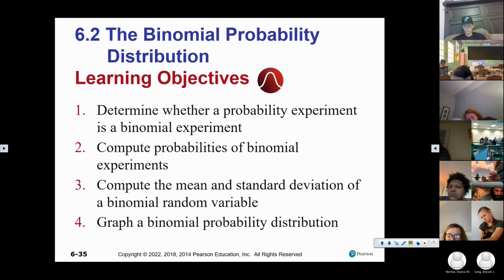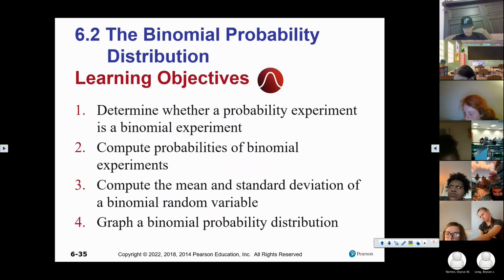Let me give you an example. Let's say that I flip a coin 50 times, and you need to write this down. Flip a coin 50 times, and it comes up heads. Probability of heads comes out to be 0.4. What is the probability if I flip the coin 10 more times?